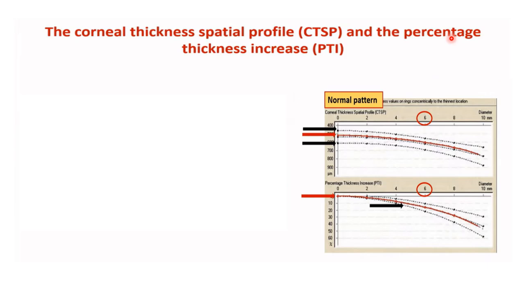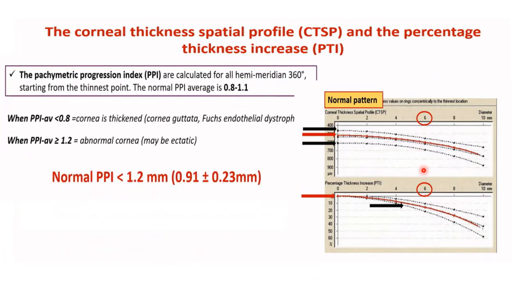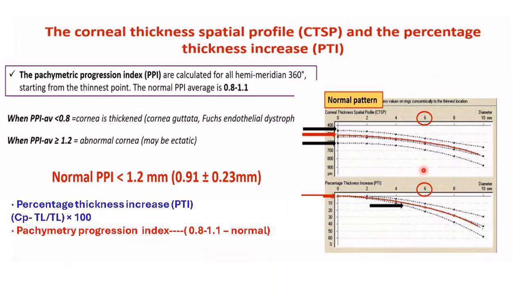Now you can see this is the normal distribution of the corneal thickness spatial profile. This is the red line in the middle, so this is an indicator of normality. And what's bothering us is up to the 6 millimeter. We have studied the progression up to the 6 millimeters, so that we know whether this is a normal cornea or an abnormal cornea. Now, from this data, we can extract what's known as the Biomechanics progression index.